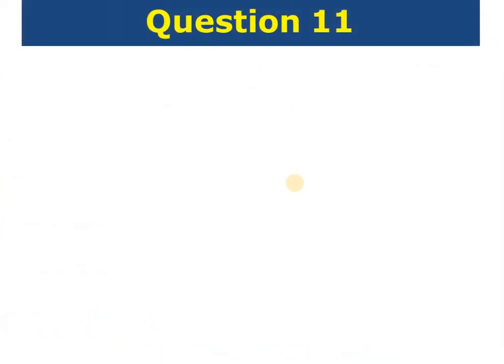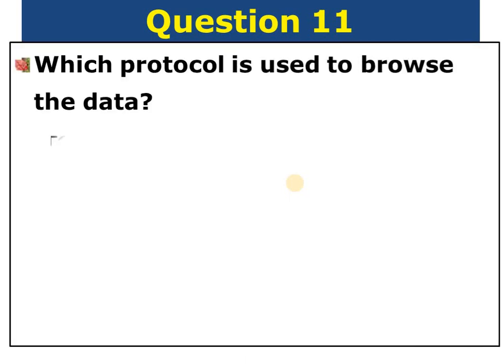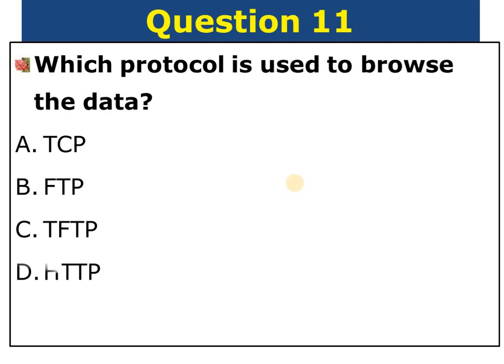Question number 11. Which protocol is used to browse the data? Among these alternatives, one is used to browse the data. A. TCP, B. FTP, C. TFTP, D. HTTP. The answer is choice D.